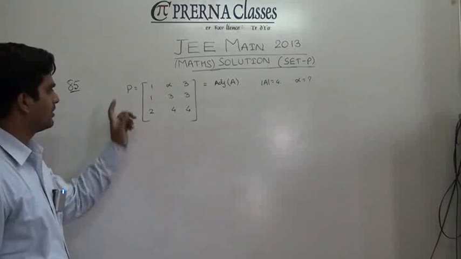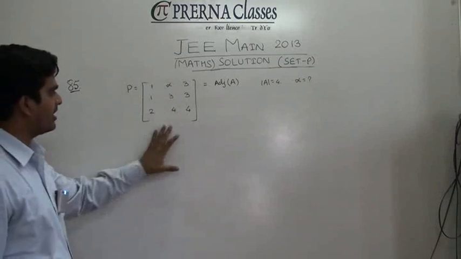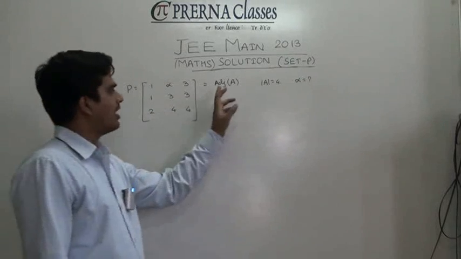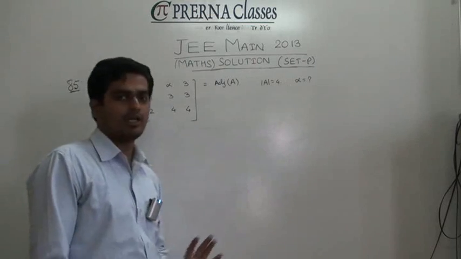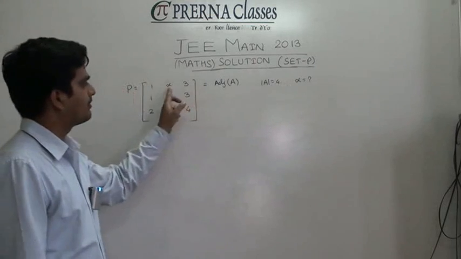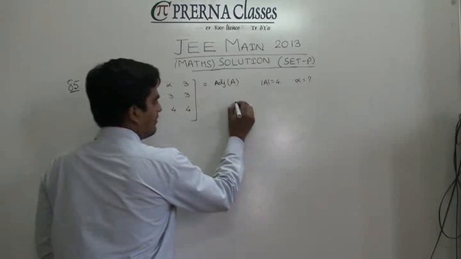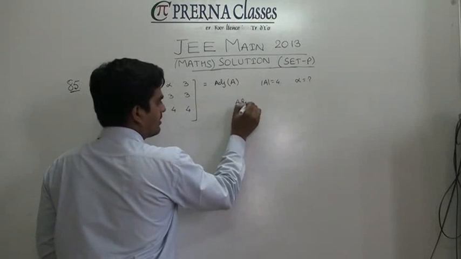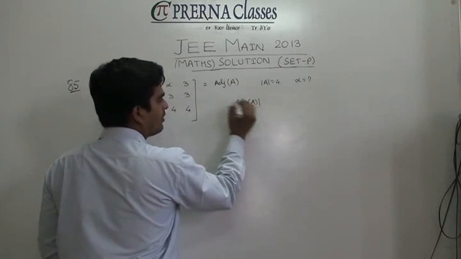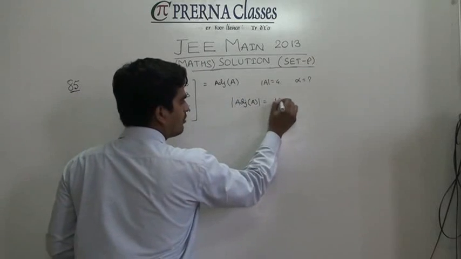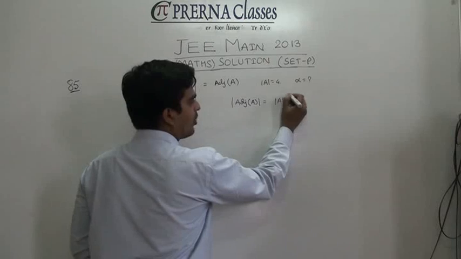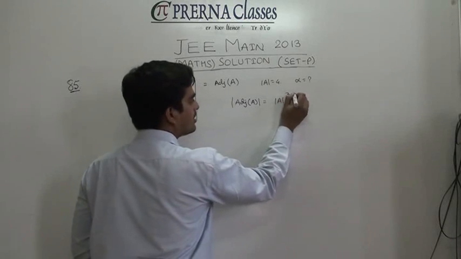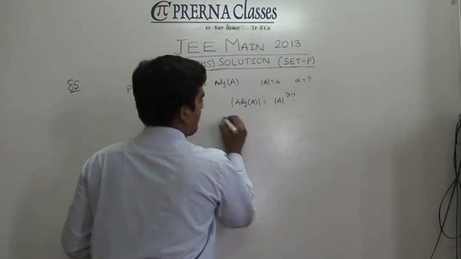Okay, in the 85th one, this is the information given: the matrix A is this much, which is a 3 by 3 matrix, which is the adjoint of A, wherein it is given that determinant of A is 4. On that basis, you have to find out this alpha. We have this information that determinant of adjoint of A has to be equal to determinant of matrix A to the power of its order minus 1, which is in this case 3 minus 1.